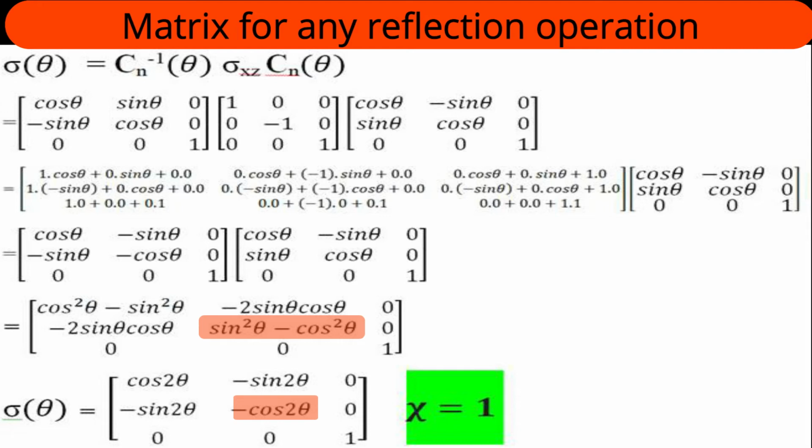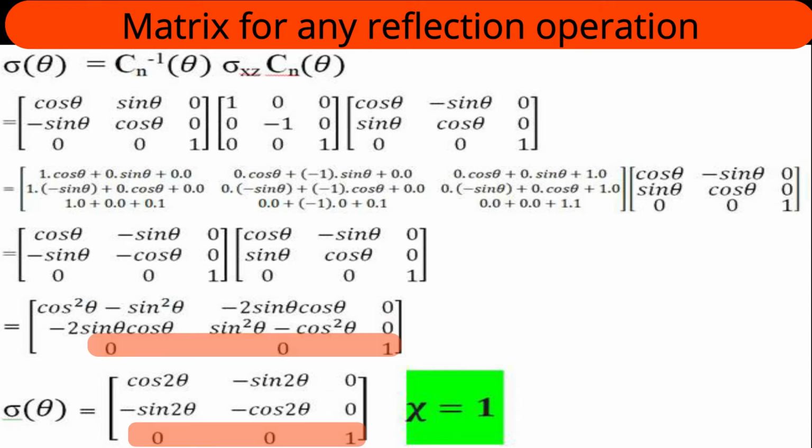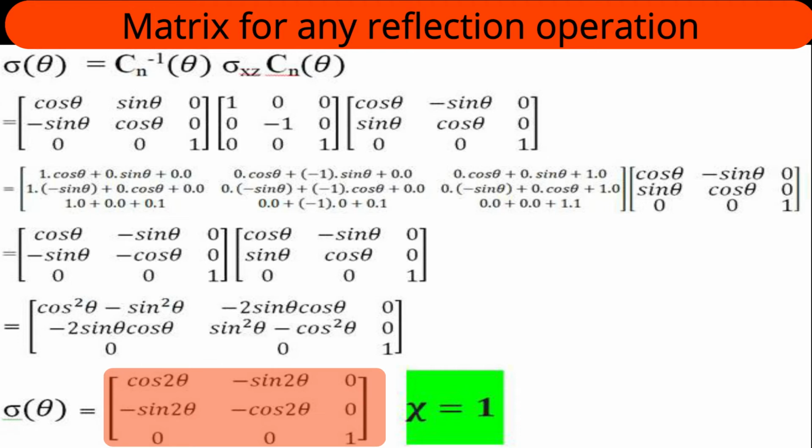Why? A minus B is equal to minus (B minus A). Now the last term in that second row is 0 as it is. And the remaining terms in the third row I have copied and pasted there: 0, 0, 1. What's the conclusion? The resultant matrix for the reflection operation is cos 2 theta, minus sin 2 theta, 0; minus sin 2 theta, minus cos 2 theta, 0; and 0, 0, 1.